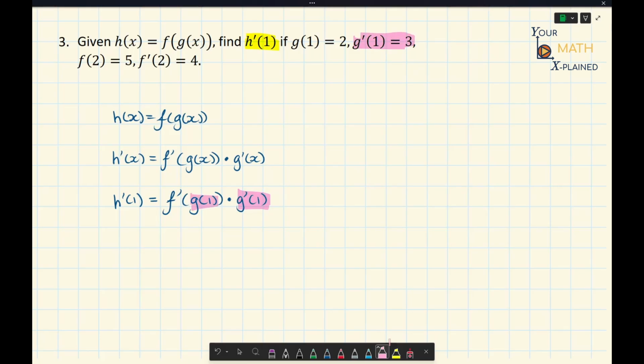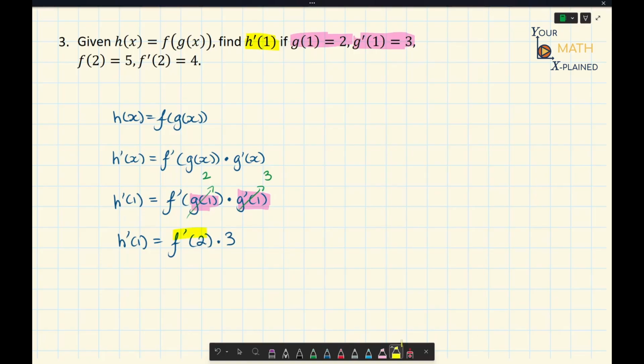And then g of 1 is equal to 2. So let's go ahead and substitute those values in. So we get this right here is equal to 2, and this right here is equal to 3, which means we have h prime of 1 is equal to f prime of 2 multiplied by 3.